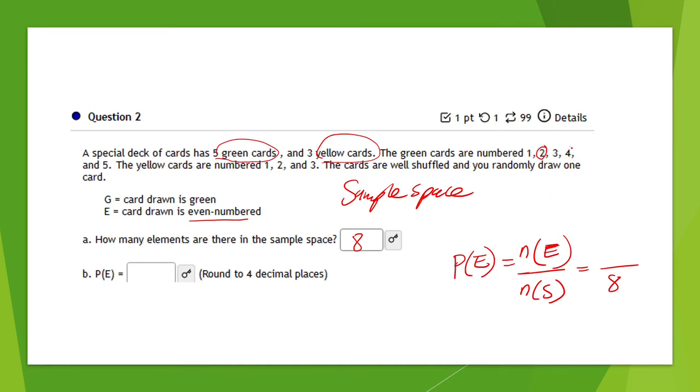We have a 2 and a 4 for the green cards, and the yellow cards have a 2 as an even number. So there's 3 possibilities out of 8, and we can calculate what 3 over 8 is to find the probability of E. And that is 0.375. So there's about a 37.5% chance that we're going to get an even number out of this sample space.